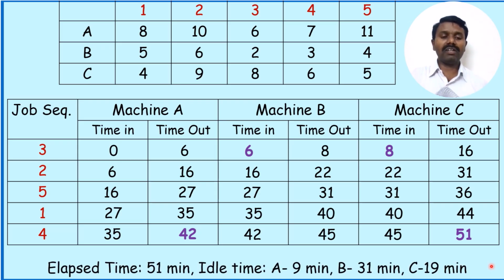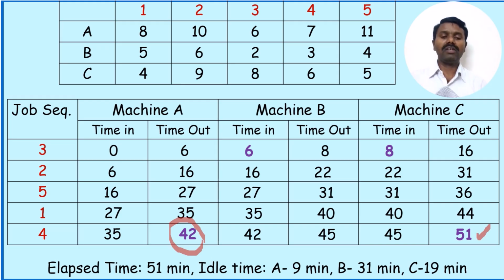So now let us try to calculate the idle time. So if you see the idle time on mission A, 9 minutes. So here there is no idle time anywhere because immediately jobs are starting, but within 42 minutes it completed its task, but the total elapsed time is 51.